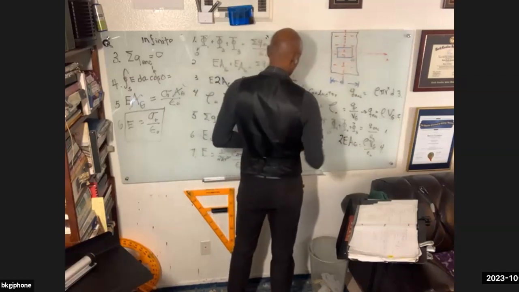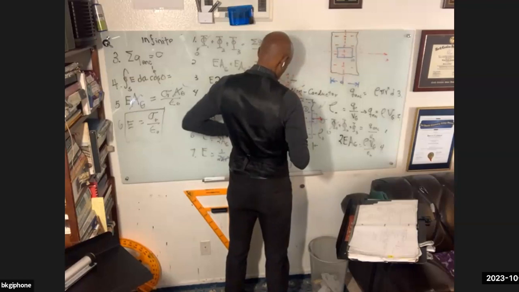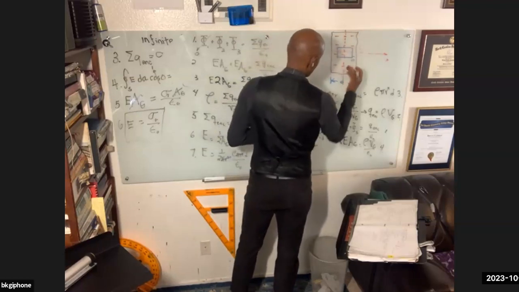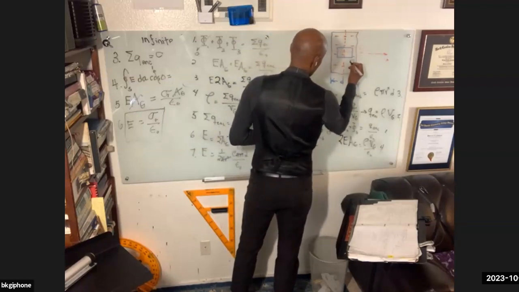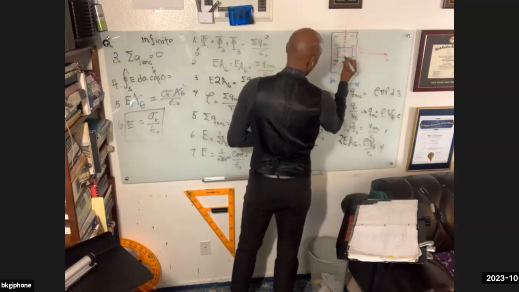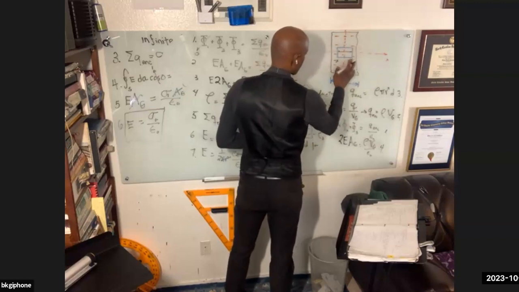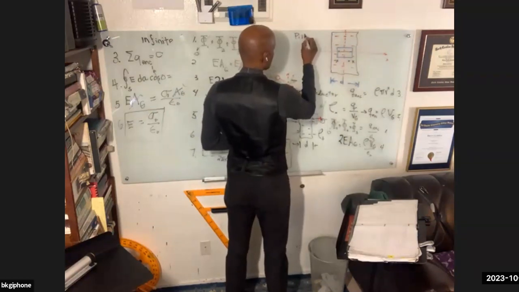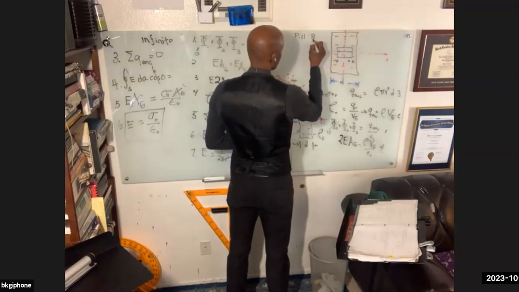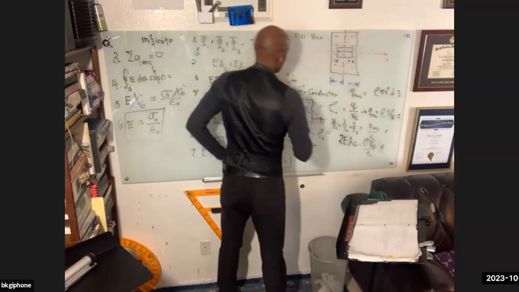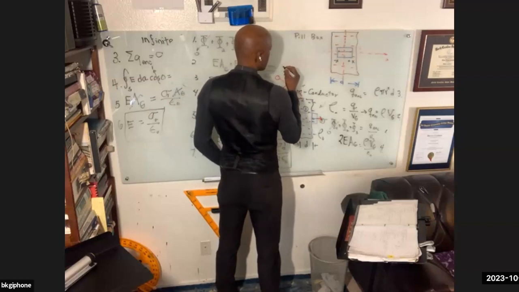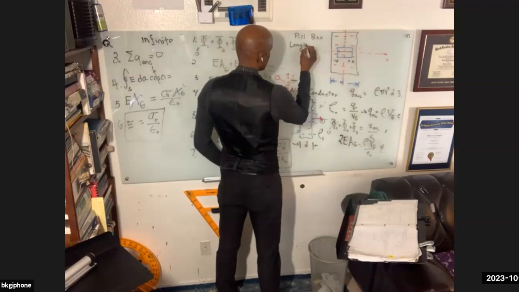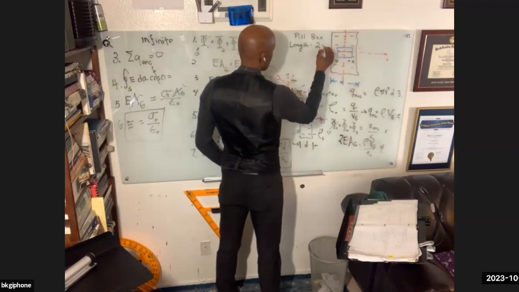So this is plus x, and this is minus x, the distance going in either direction. So the pillbox length is 2x.